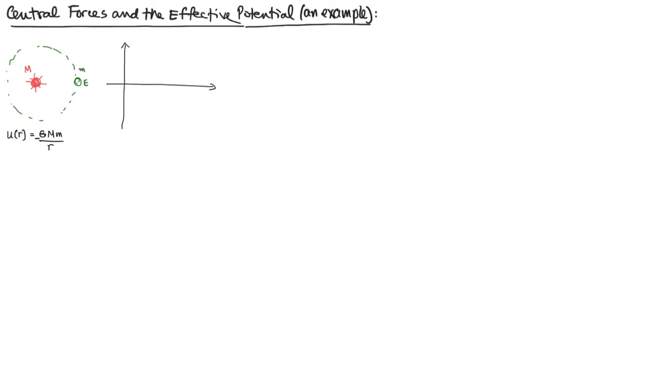It's a monotonically increasing function that starts at negative infinity for r close to 0, and it continues up. It approaches 0 as r approaches infinity, and so the potential energy associated with gravity is everywhere negative, according to this formulation. So this plot is U of r for gravity.